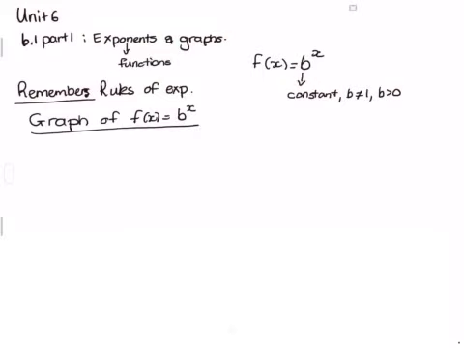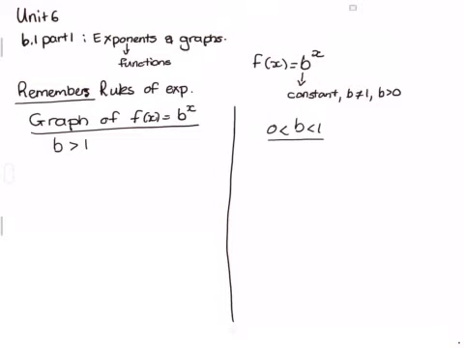Now, there's two situations, and that depends on this base number. If your base number is greater than 1, or in this case here, if your base number is between 0 and 1, because remember it must be positive.